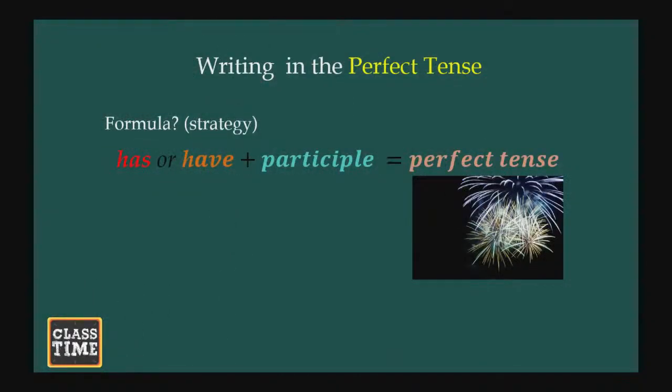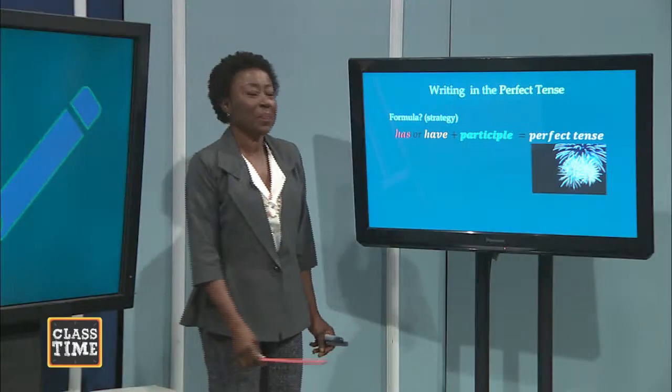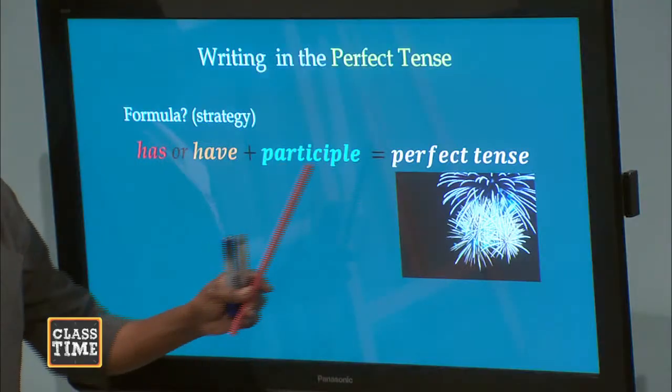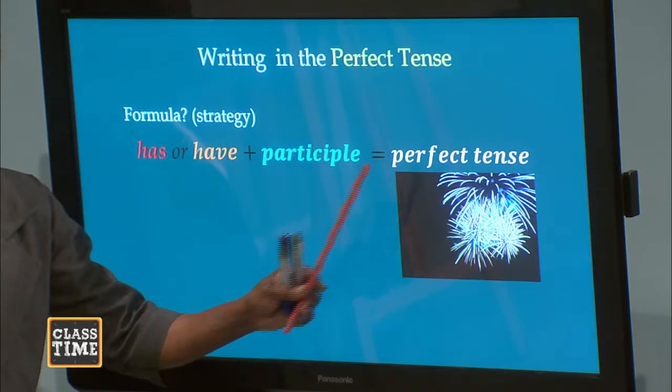Here we go now. This is the formula. How do I form the perfect tense? I use has or have and the participle form. Mathematics. Has plus participle is equal to the perfect tense.